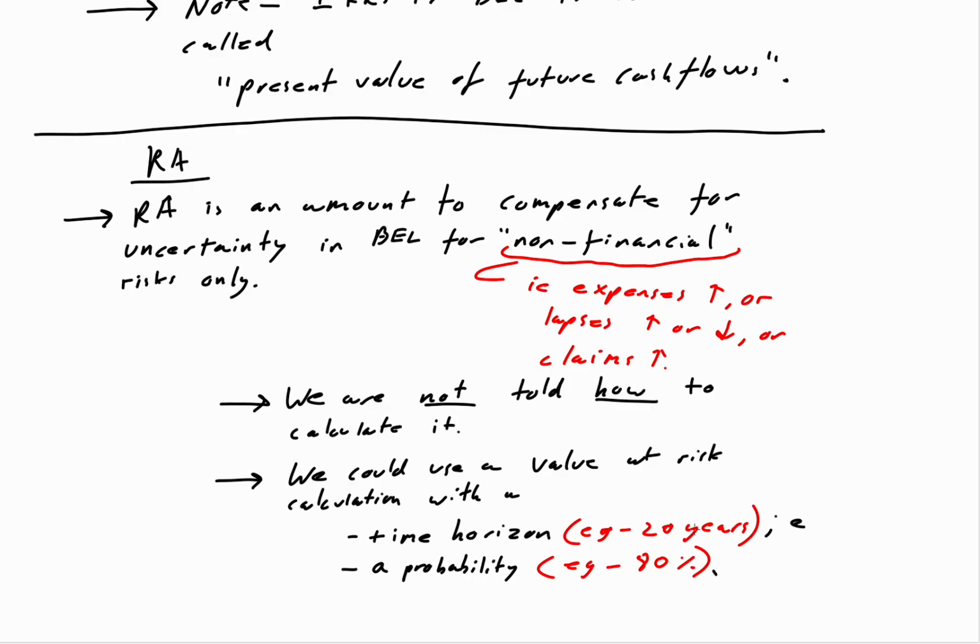We might be thinking about a 20-year contract, and we need to make sure we've got enough money, so we set a probability to ensure that's the case. And maybe we choose something like 80%.